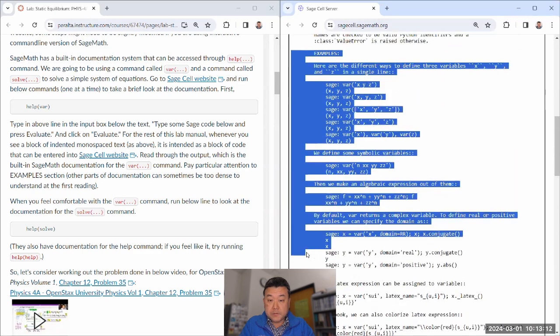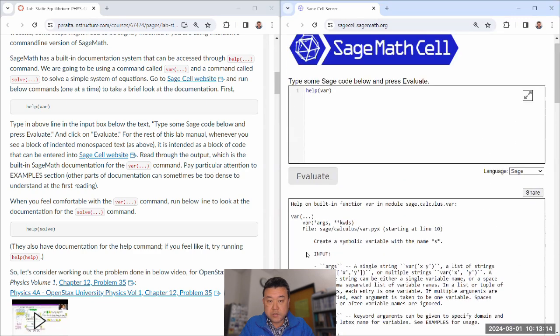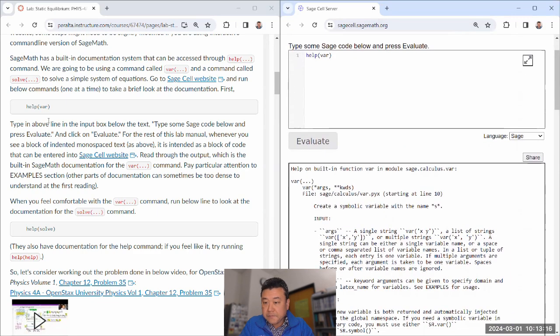So that's what the lab manual instructed us to do. Type in the above line in the input box below the text, type some Sage code and press evaluate. I've done that, and clicked on evaluate.